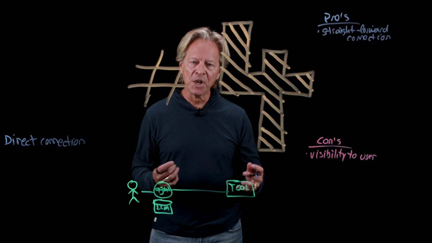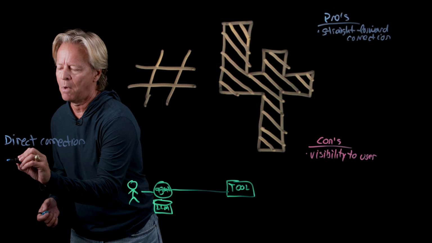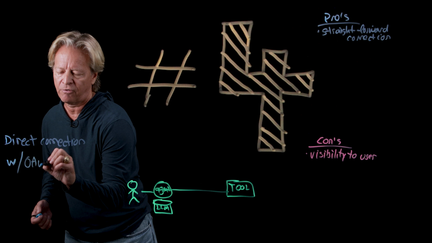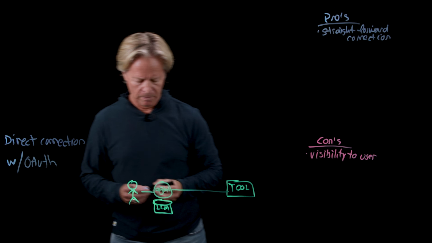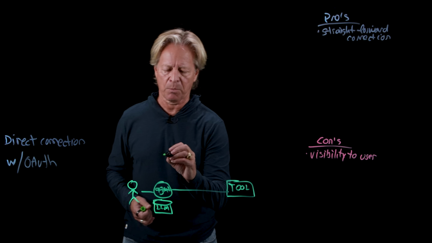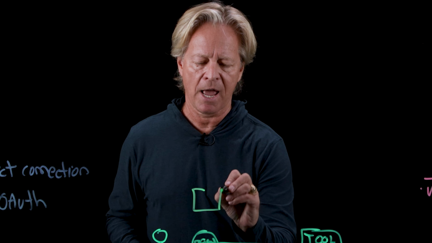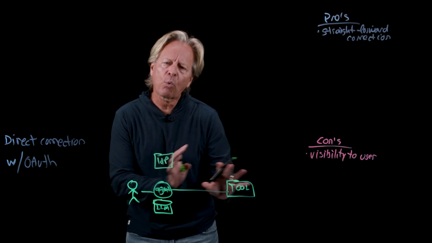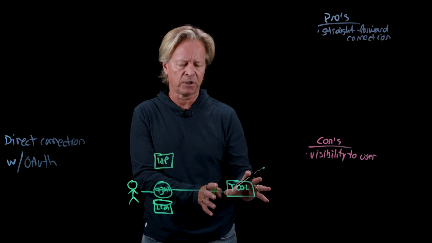Now, number 4 is still a direct connection, but now what we're going to do is add OAuth flows. And what this is really saying is that we're adding an identity provider so we can do authentication of the user. We know who the user is, but we're really going to tie this in over at the tool side.